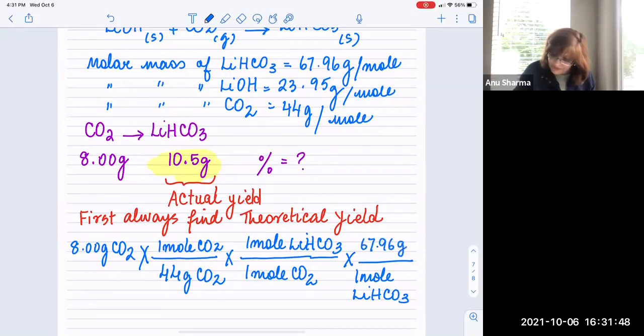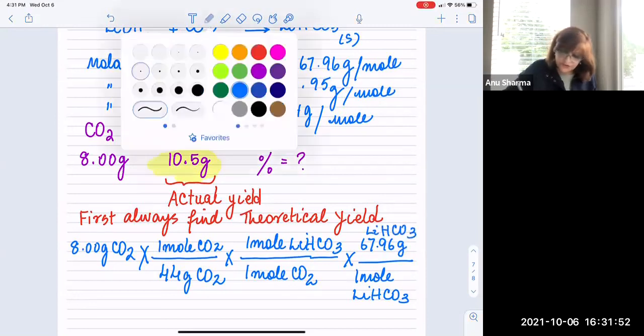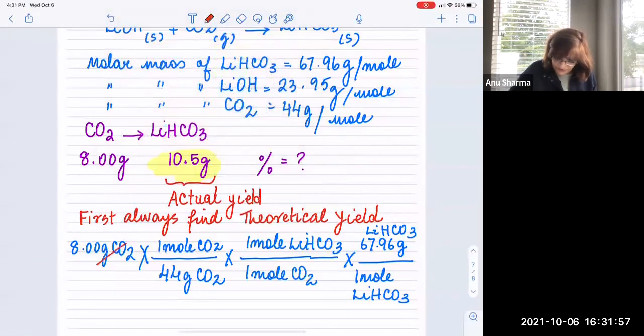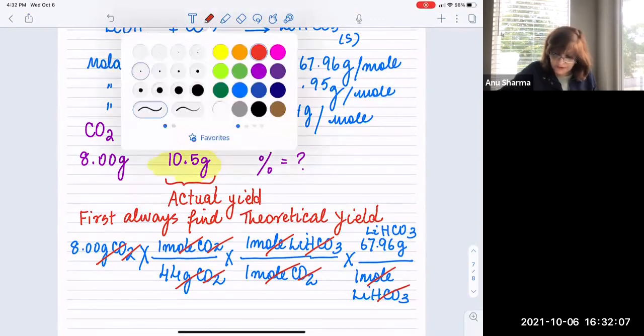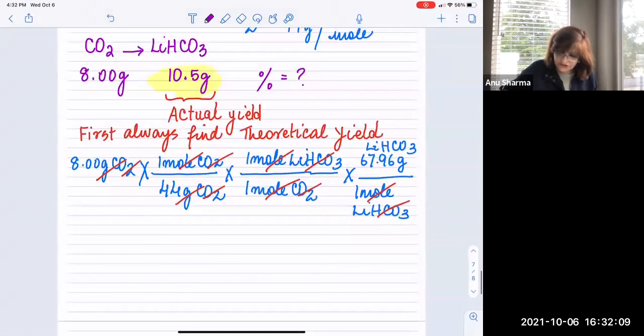What do you see here? The grams of carbon dioxide cancel out, the moles of carbon dioxide cancel out, the moles of lithium bicarbonate cancel out, and you're just left with the grams of lithium bicarbonate.